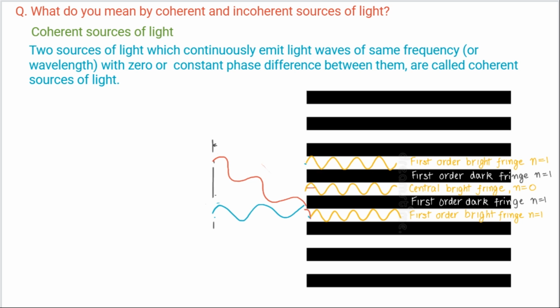It is a constant phase difference, and the phase difference is an odd multiple of pi. And the extra path, in this case the red wave has to travel an extra path difference, so the extra path difference is also an odd multiple of lambda by 2. In that case, you get a first order dark fringe here also. Let me show this in simulation.